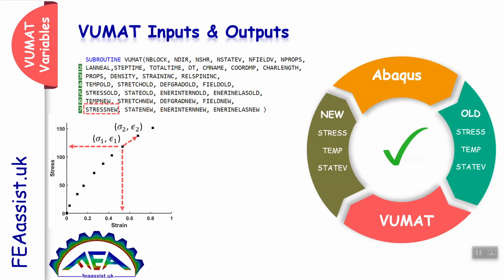In a dynamic way, the strategy is that the new value is the old value plus the derivative function, which is the function of the slope of the diagram and the incremental amount of the strain, as you can see here. For example, in elasticity and elastic problems, the slope is the elastic modulus or elasticity stiffness matrix. Well understanding all these variables is necessary to write a good VUMAT.